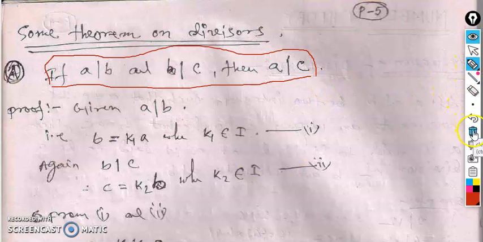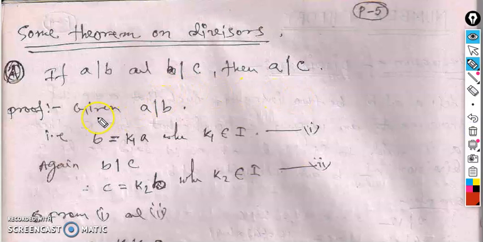Exactly for that reason here we explain the proof. First we consider it is given that a is a divisor of b. Since a is a divisor of b, we can write b equals some integer k1 into a. Similarly b divides c, that means you can write c equals another integer k2 into b.